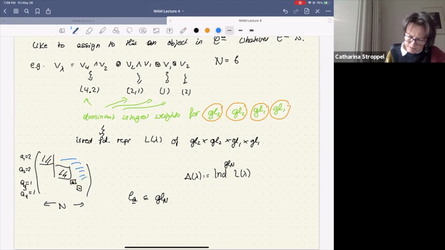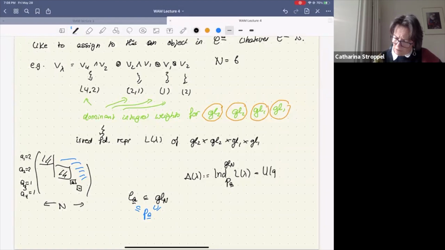The black and the blue one I call P of A for parabolic. So this is black plus blue together. So I extend by 0, and then I have a representation for P of A, and then I induce up. If you want to write it out explicitly in terms of universal enveloping algebras, it looks like this.